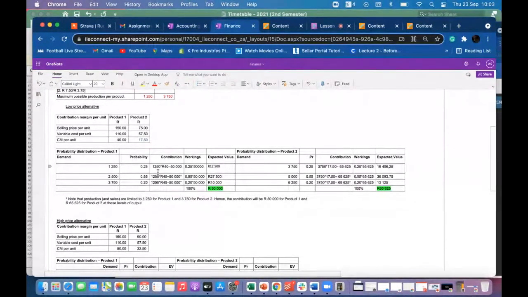You could have just said 1,250 times the probability of 0.25 times the contribution or marginal income, and you would have arrived at this. But they've decided to go: the 1,250 demand times 40 gives you 50,000 contribution, then times the probability of that happening, 0.25, and that's how they're getting their total. Same thing, same mathematics, just done differently.